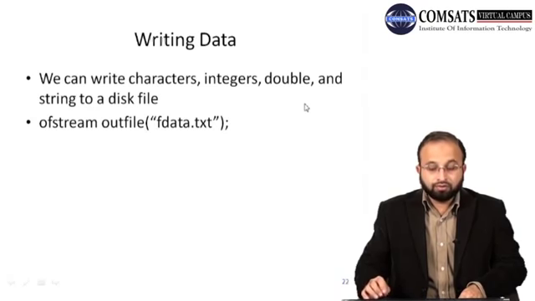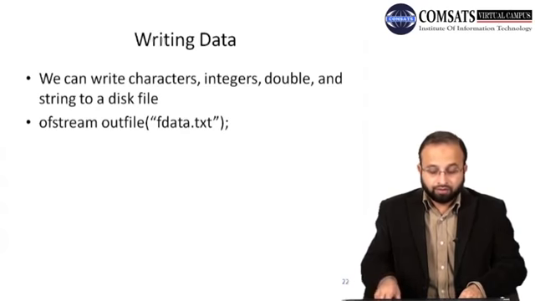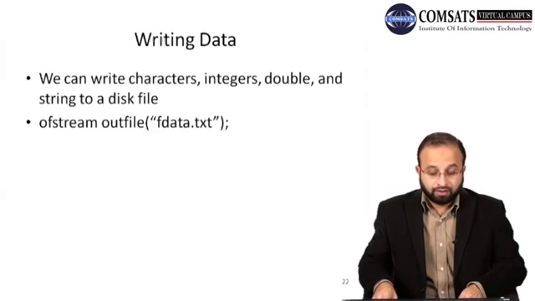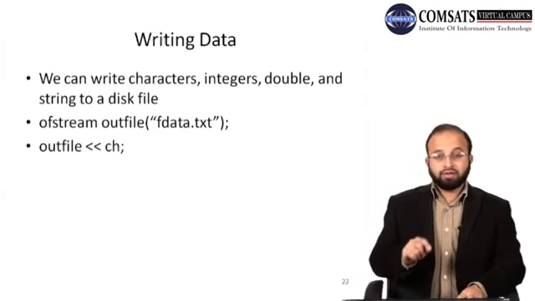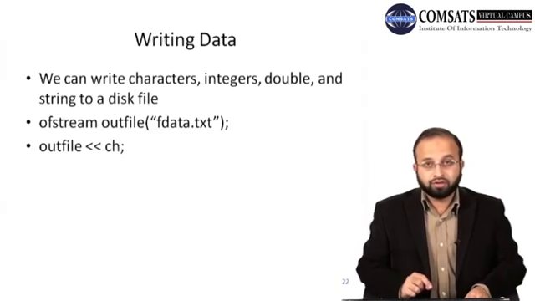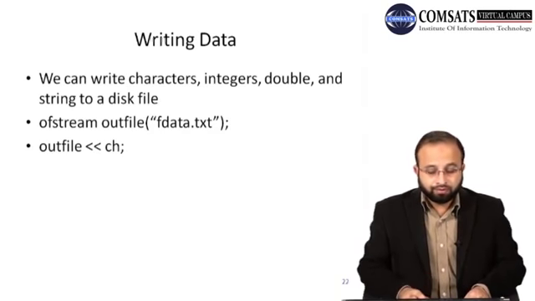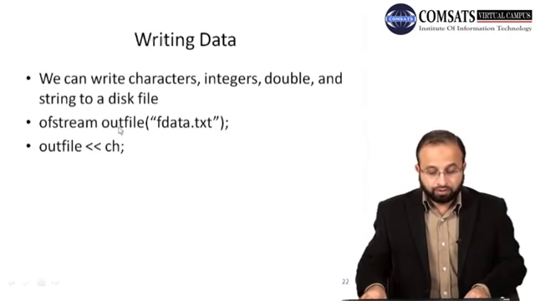Now using the outfile object, you can perform write operations in the file, because we created an object of ofstream, that is the output file stream. So we can only perform output operations using the outfile object that is associated with the fdata.txt file.